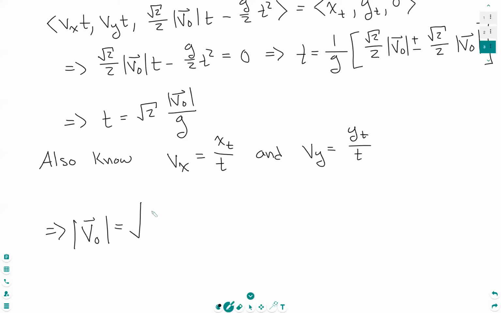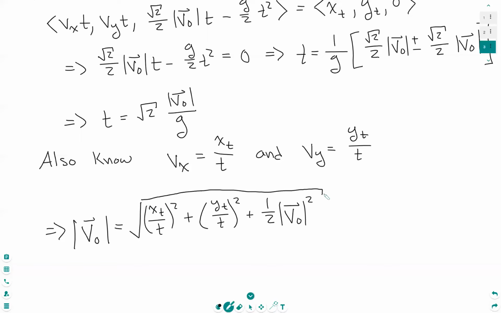So it's Vx squared, which we write as xt over t squared, plus yt over t squared, and then our z component, the square root of 2 over 2 times the magnitude of v naught, squared, which is 1/2 the magnitude of v naught squared. This gives us a way to solve for this magnitude.